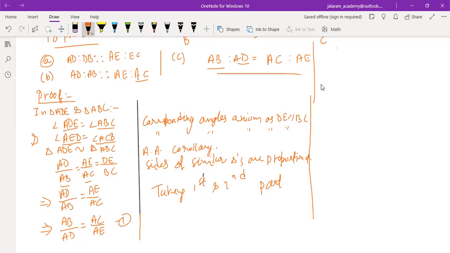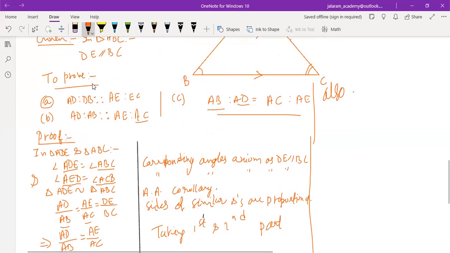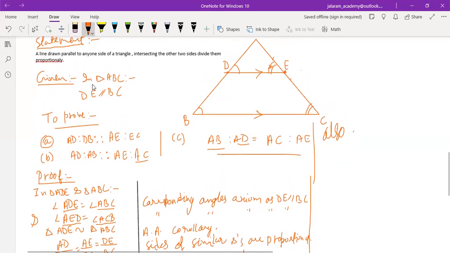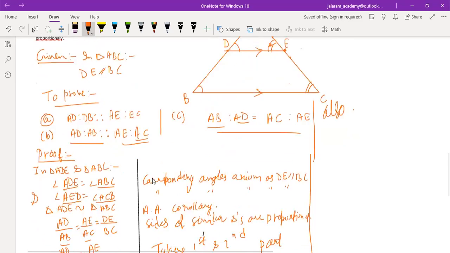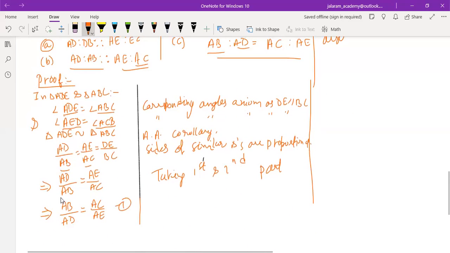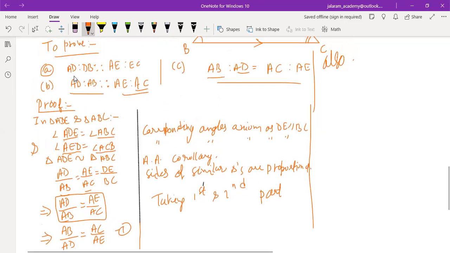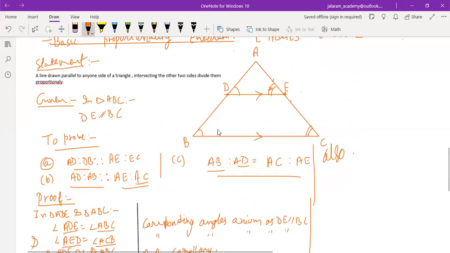Now we have to prove the first part also. So AB upon AD is there, AC upon AE is there. AD upon AB equals AE upon AC.